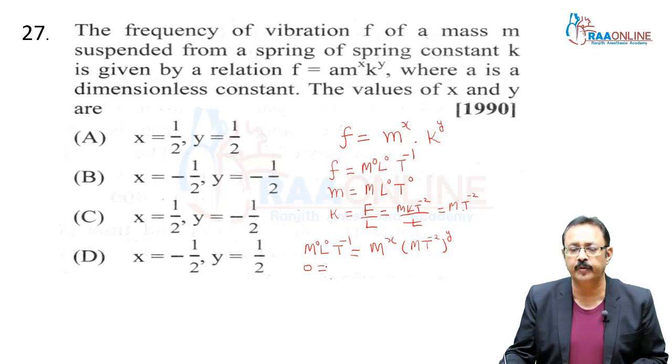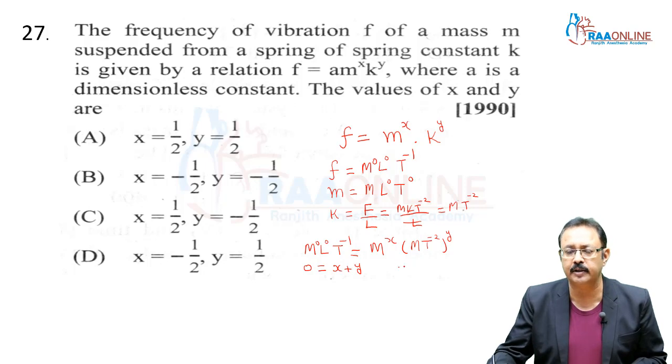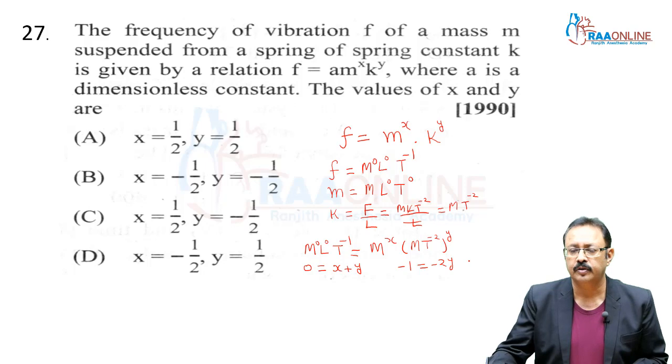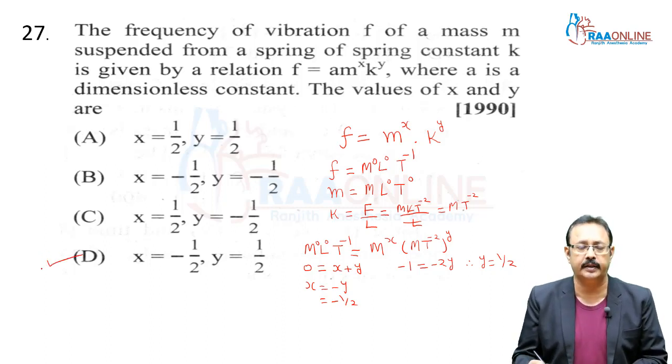But the power of M, you can see, is x plus y. And the power of T on the left hand side is minus 1, on the right hand side it is minus 2y. So we got y equals 1 by 2. x equals minus y, so x equals minus 1 by 2. So x is minus 1 by 2, y is 1 by 2. So we are going with option D.